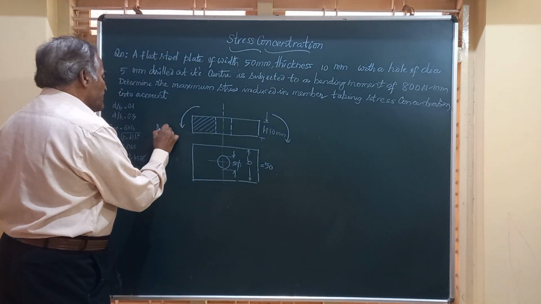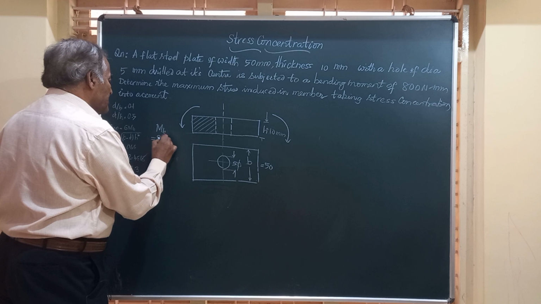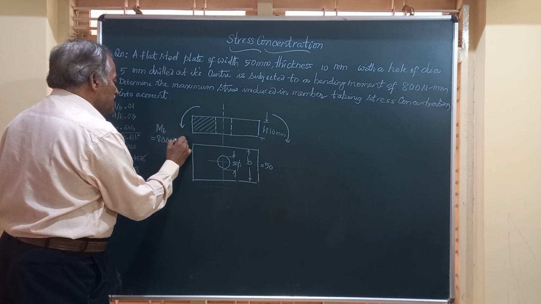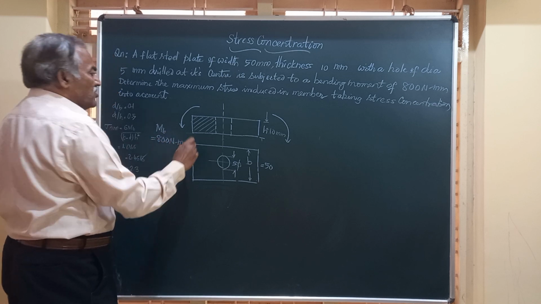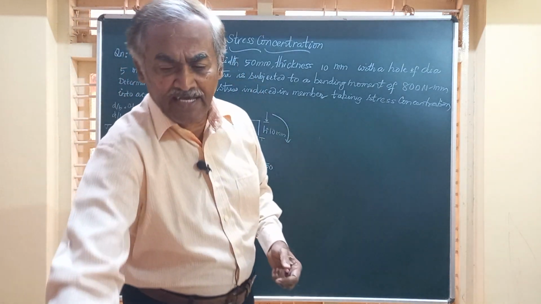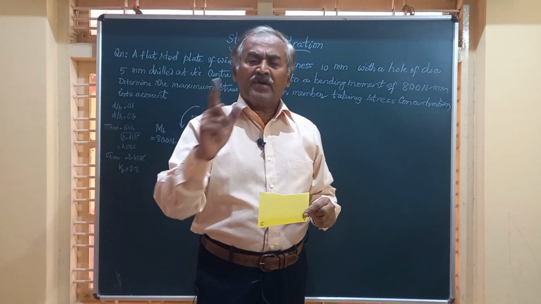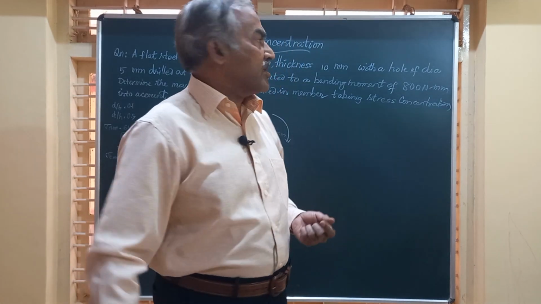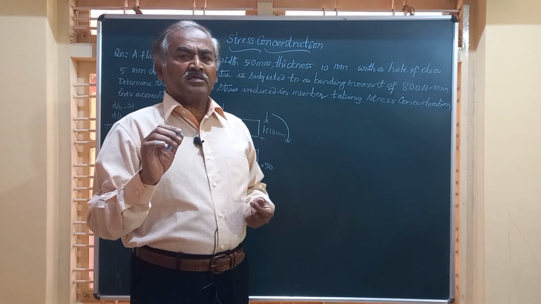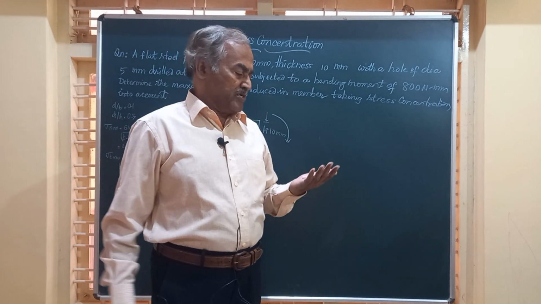I'll call this M_B, which is given to be equal to 800 Newton millimeter. So when it is subjected to a bending moment like this, we are asked what is the maximum stress induced in the member, taking stress concentration into account.